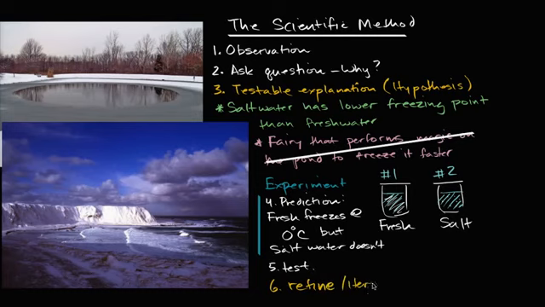When I'm talking about iterate, you're doing it over again, but based on the things that you've learned. And so you might come up with a more refined testable explanation, or you might come up with more experiments that could get you a better understanding of the difference between fresh and salt water. Or you might try to come up with experiments for what is it about the salt that makes this water harder to freeze. So that's essentially the essence of the scientific method.